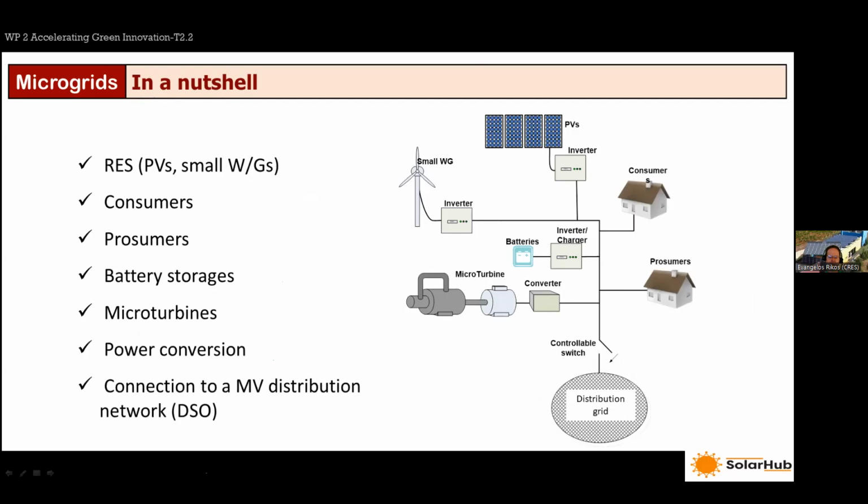This term refers to consumers which also have a generation capability. They are equipped with some small units and can produce their own electricity. On top of everything else, the microgrid is equipped with a controllable switch here that either connects or disconnects the microgrid to or from the distribution grid, depending on the operating conditions.